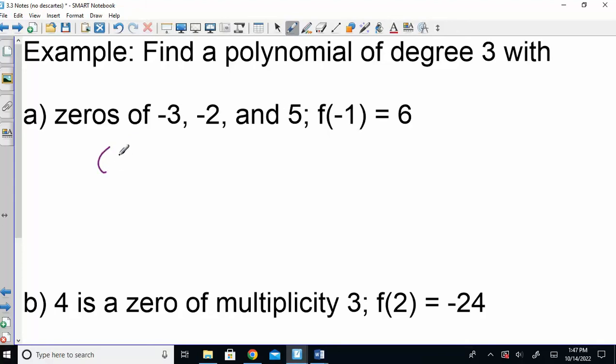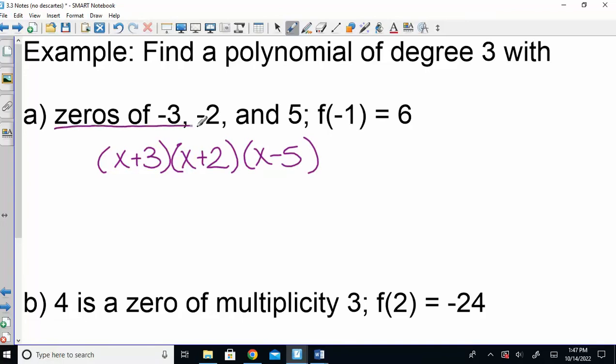My zeros are -3. If -3 is a 0, what do I have in my polynomial? If -2 is a 0, what do I have in my polynomial? If 5 is a 0. Okay, so I've taken care of this.